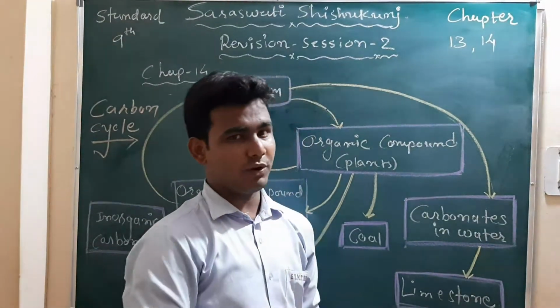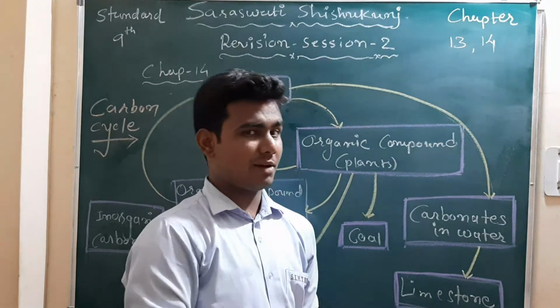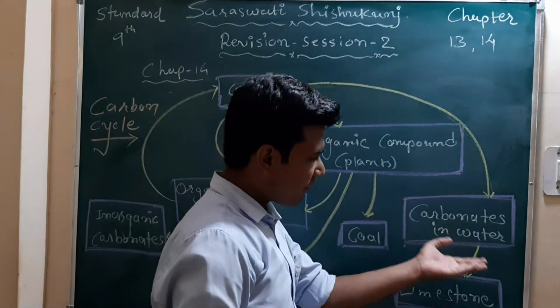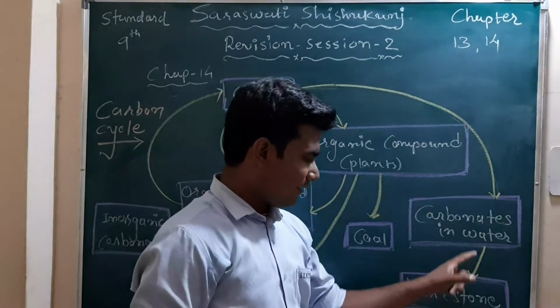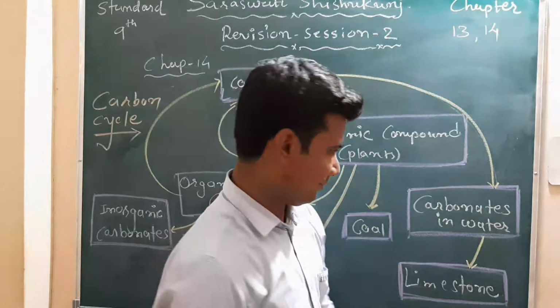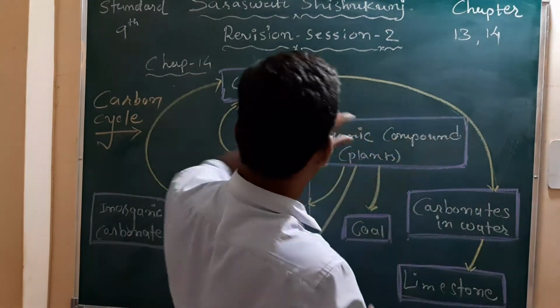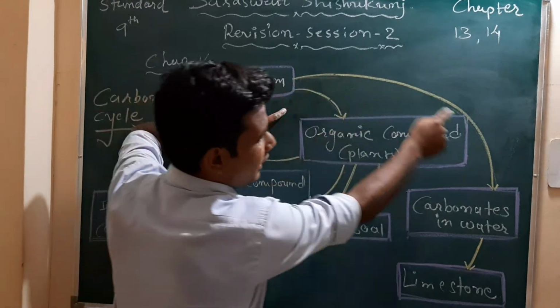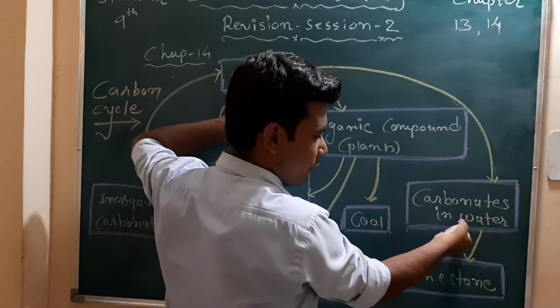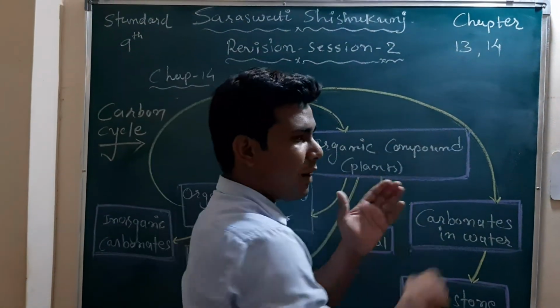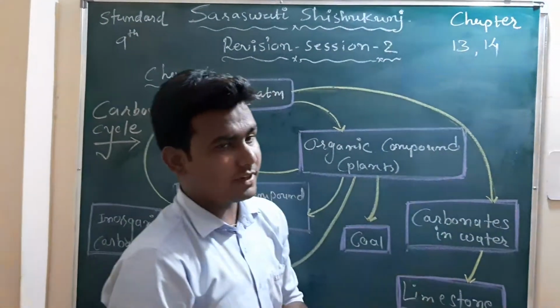Like calcium carbonate and other forms, calcium bicarbonate. Here the example given is limestone, CaCO3. So this way atmospheric carbon dioxide is utilized by plants and in the form of carbonates in water as limestone. Now how do these plants further transfer carbon dioxide?